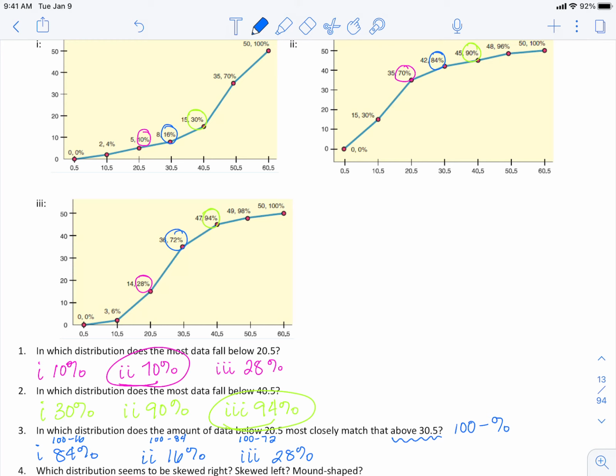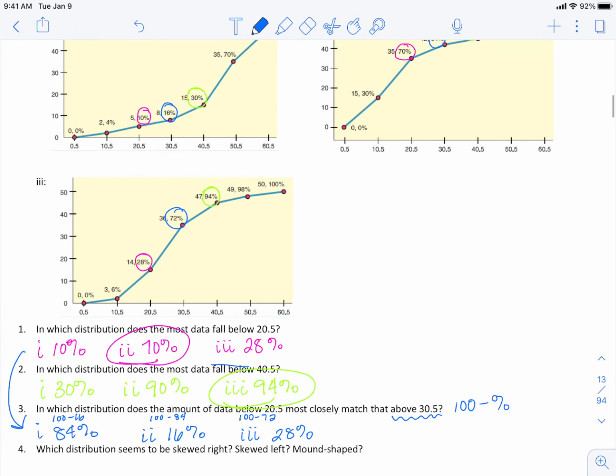And so we're looking for in which distribution does the amount of data below 20.5, that's what we answered in the first question, most closely match that above 30.5. So if I'm comparing these two numbers, we can see that for graph 3, these are the closest. They're exactly the same, 28%.